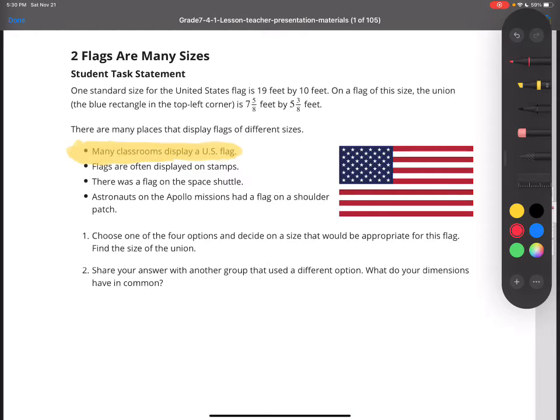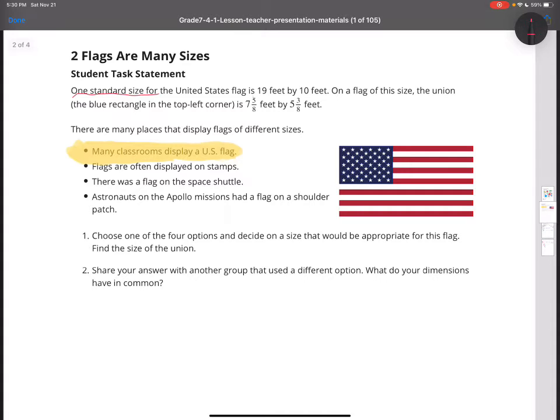I said, well, if the standard size for the flag is 19 feet by 10 feet, and it's length times width, then I need to figure out how I can get 10 to 2 feet. So, I'm going to say that again. When I measured the width in my class, it was about 10 feet. Okay, not 10 feet, 2 feet. So I'm like, okay, how can I get the width to 2 feet?